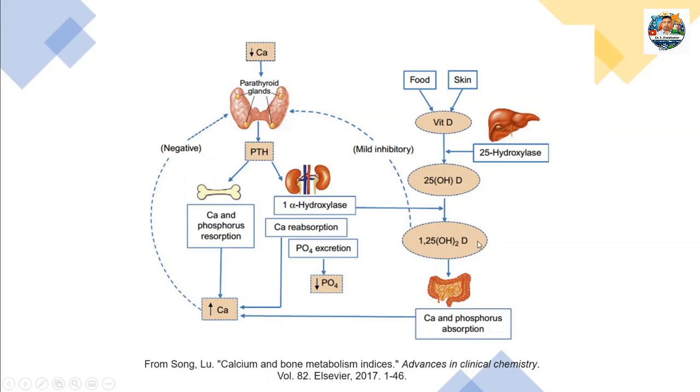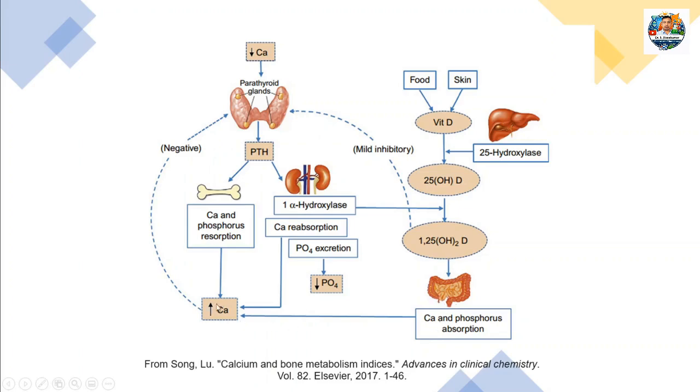One other feedback mechanism is the inhibition of release of parathyroid hormone from the parathyroid glands by vitamin D. As you see here, the 1-alpha hydroxylase, with increased activity, leads to the formation of more vitamin D. If there is more vitamin D, there will be increased absorption of calcium and phosphorus from the alimentary tract.